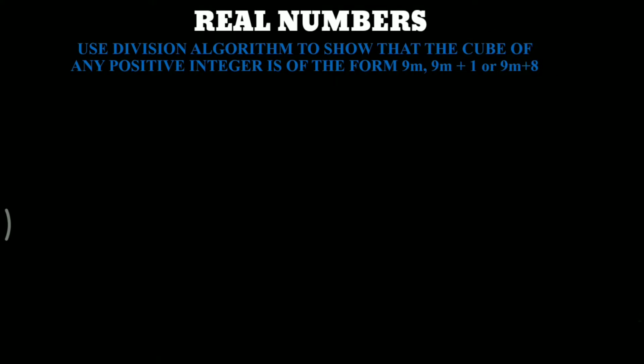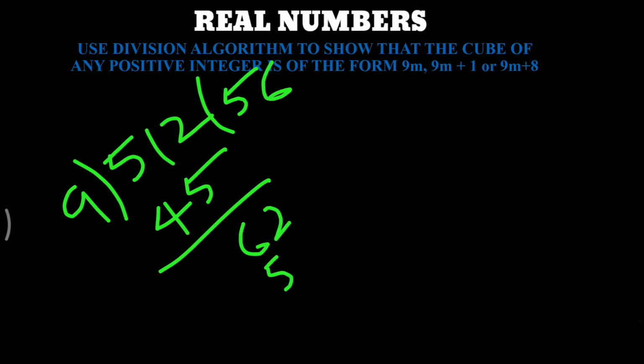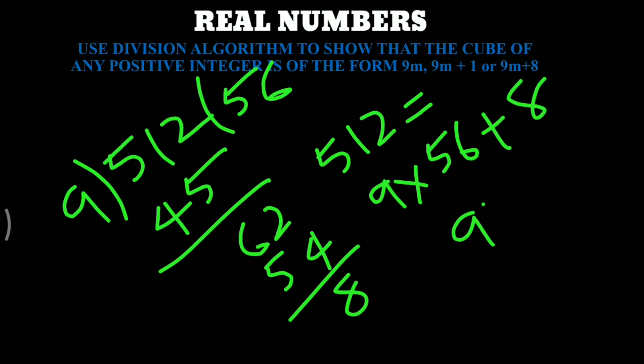So now I am going to divide 512 by 9. 9 times 5 is 45 and the remainder is 6. Bring down the 2 to make 62. 9 times 6 is 54, the remainder is 8. So 512 can be expressed as 9 into 56 plus 8, which is clearly in the form of 9m plus 8.